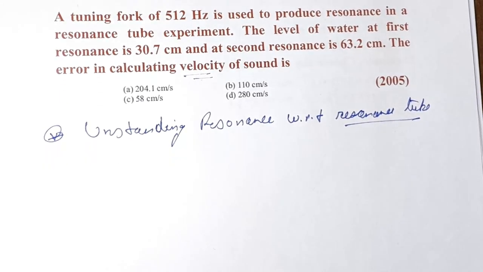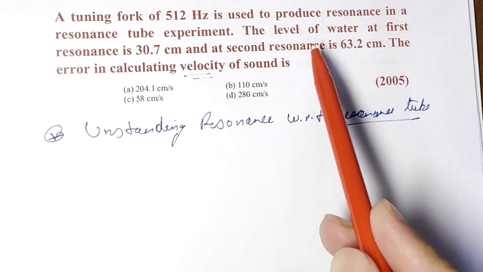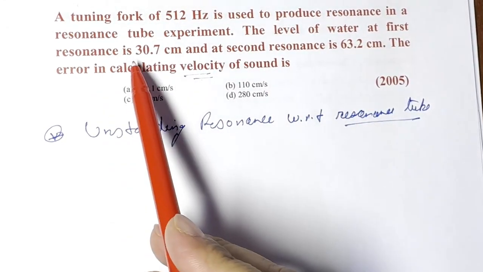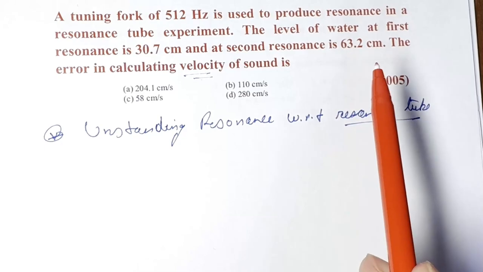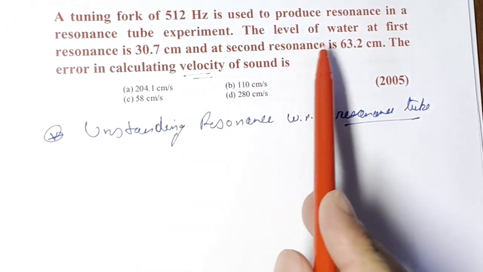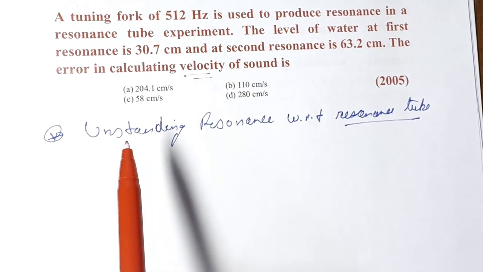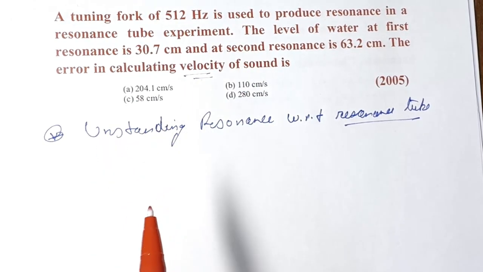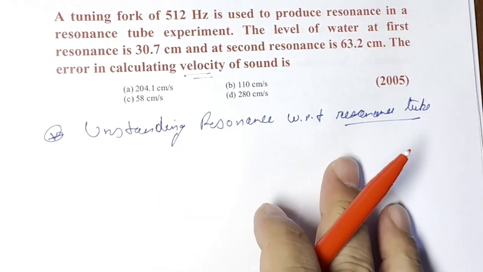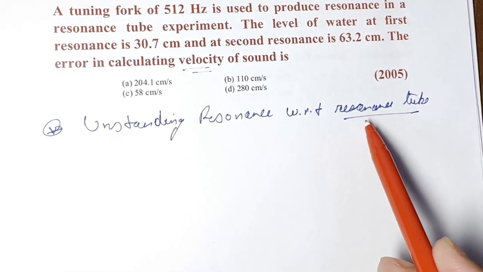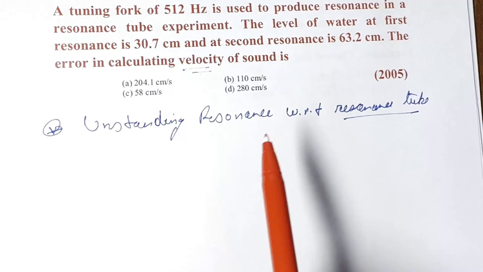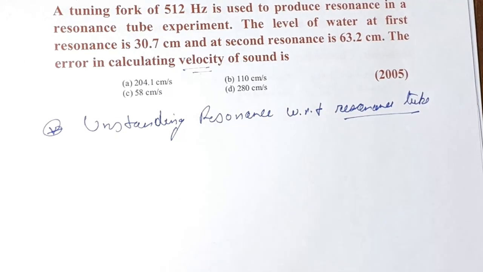The difference in it is given that the level of water at first resonance is 30.7 and at second resonance is 63.2. So the difference between the first and second resonance will always be equal to lambda by 2. This is the basic criteria in case of a resonance tube. The difference between the first and second resonance is lambda by 2.